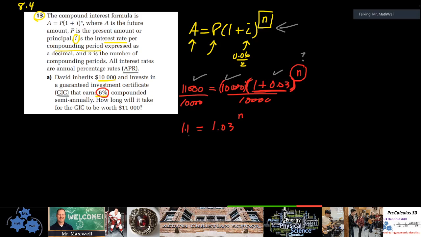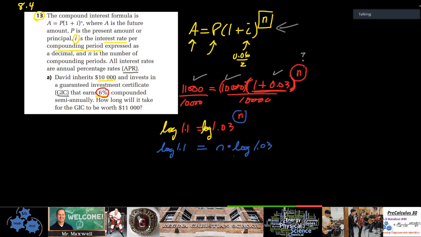So now that we've got this far, this is really easy. You can now take the log of both sides, log of this and log of that, and we can rewrite this as log of 1.1. This is now n times log of 1.03, and this is now just multiplied. It's not to the power of anymore like it was up here.